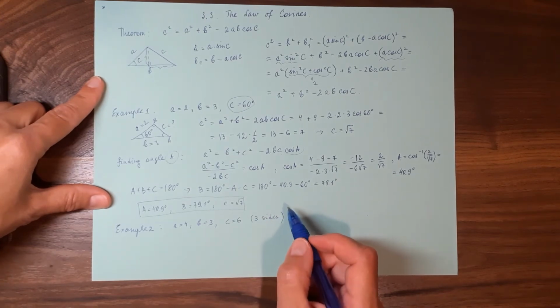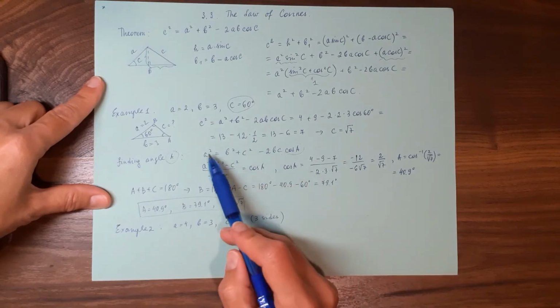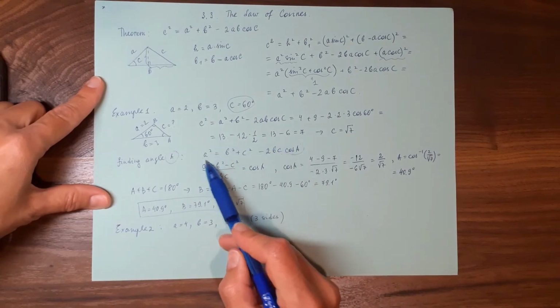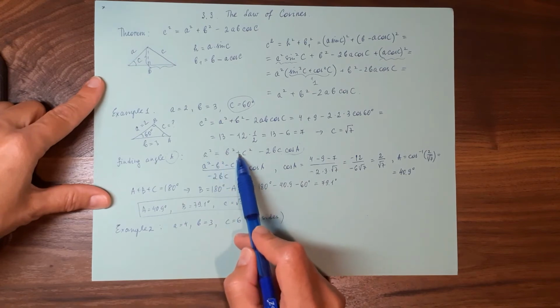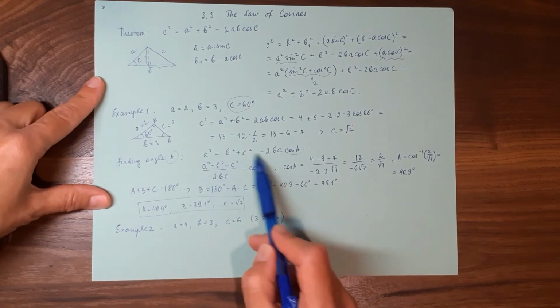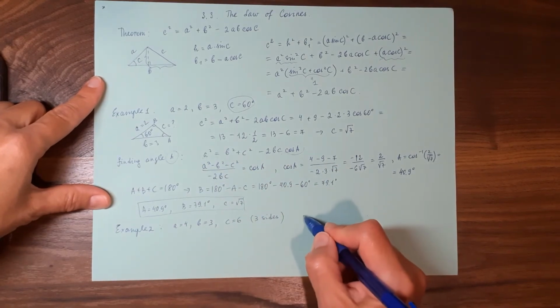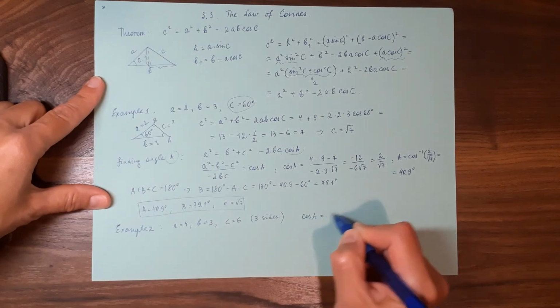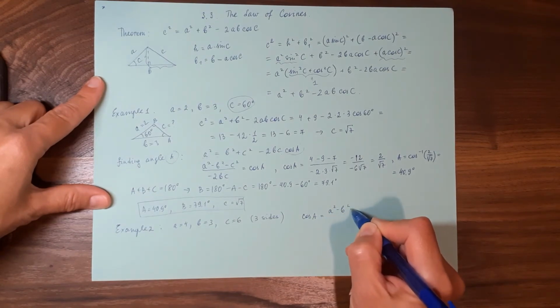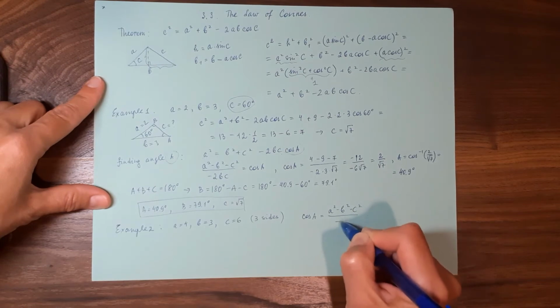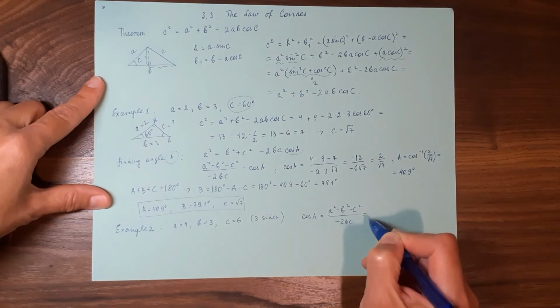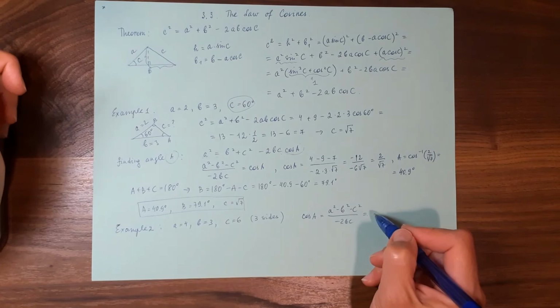Well, guys, again, if you look at cosine theorem, you see that there are sides and angle, right? If you do know all sides, you can always find the angle. Same way we are doing in example 1. So I'm going to just write down that cosine of A formula, which comes from example 1. A squared minus B squared minus C squared divided over minus 2BC.